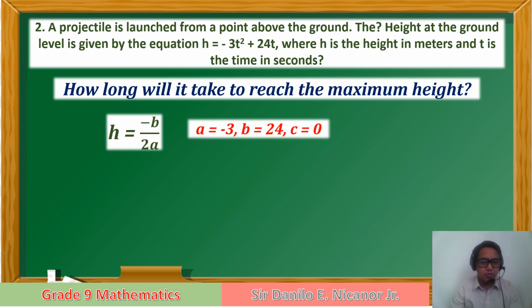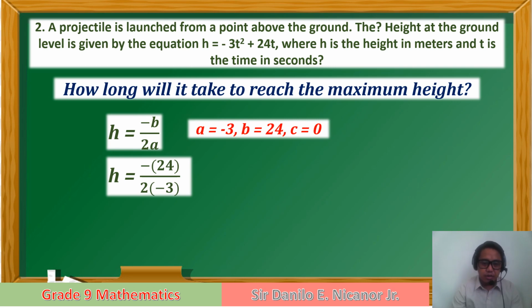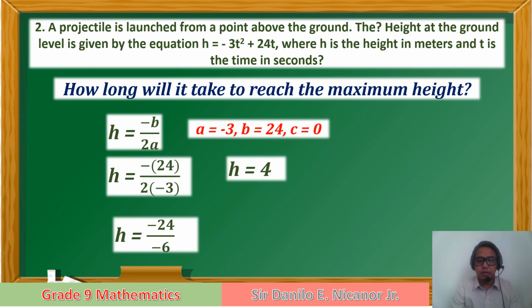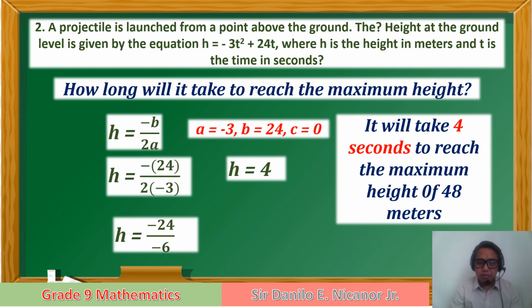Kung na-solve mo na yan, ito ang lalabas: negative 24 over 2 times negative 3. Dapat ang makukuha mo is positive 4. Ibig sabihin, tatagal siya ng 4 seconds to reach the maximum height of 48 meters.